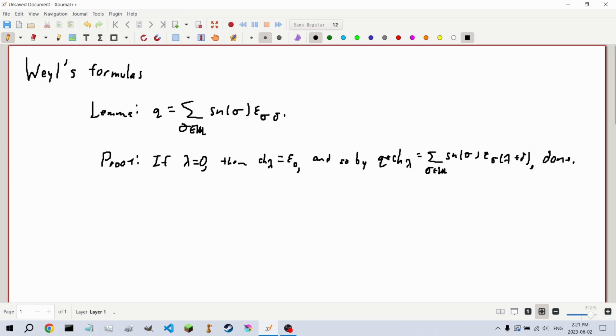So up next we have Weyl's theorem, Weyl's formula here. Let lambda be in lambda plus.